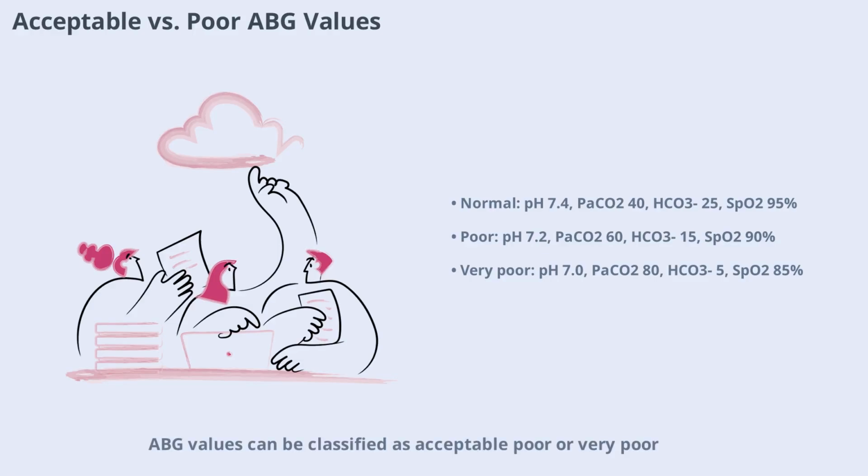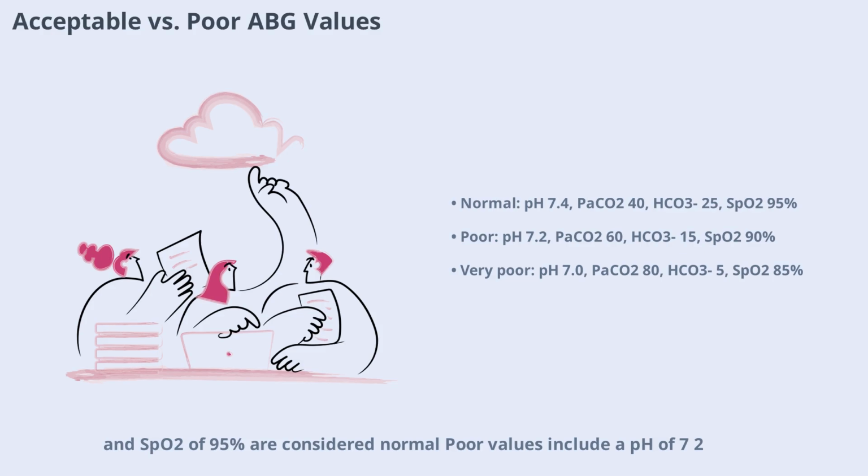ABG values can be classified as acceptable, poor, or very poor. For example, a pH of 7.4, PaCO2 of 40 mm Hg, HCO3 of 25 mEq/L, and SpO2 of 95% are considered normal.